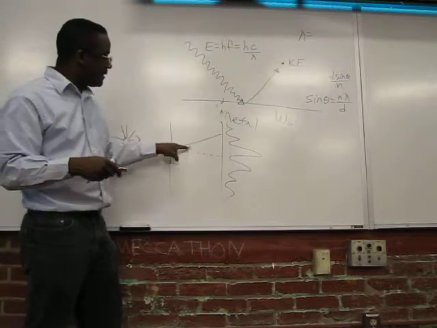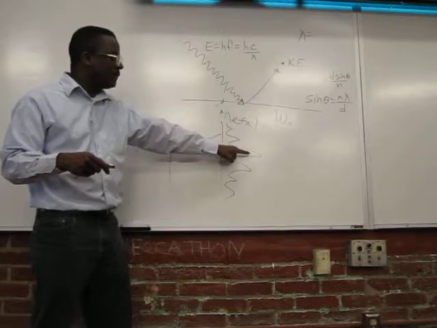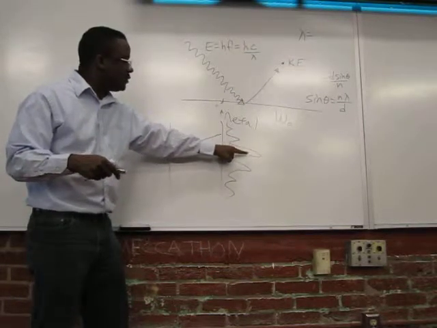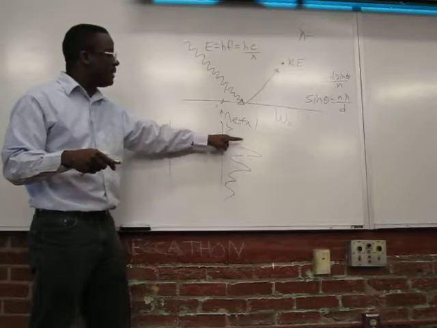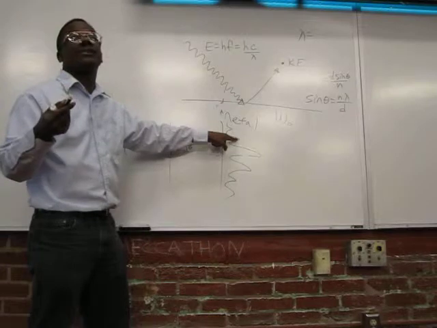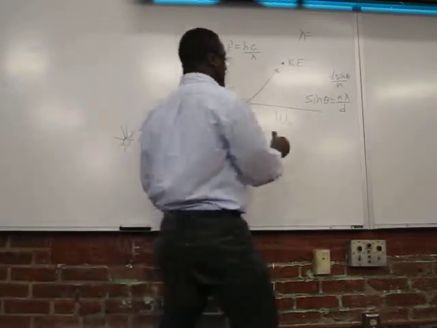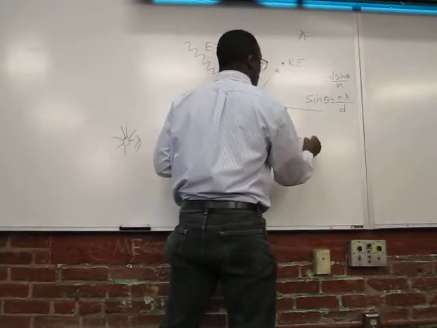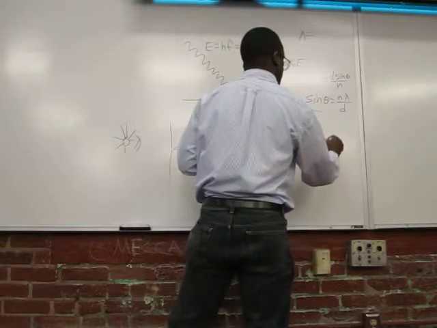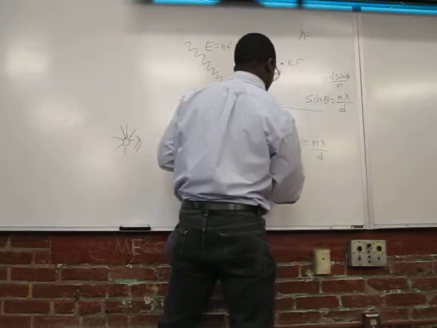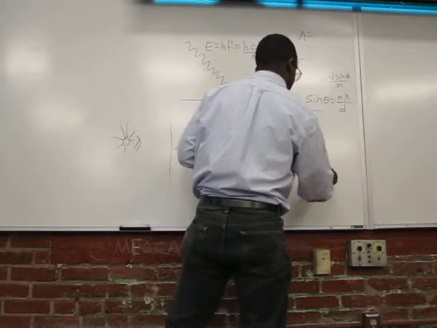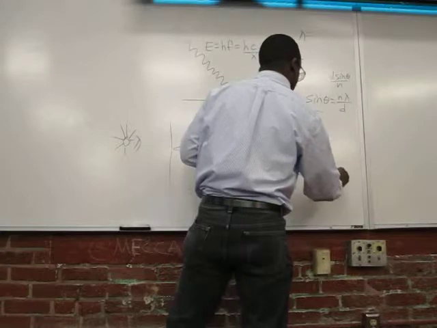So if theta equals 0, you're talking about this point right in the middle. And as you go away from the middle, you're going to hit this second bright point. They call it a fringe. So this describes all the light fringes, and this describes all the dark fringes: (n + 1/2) lambda.